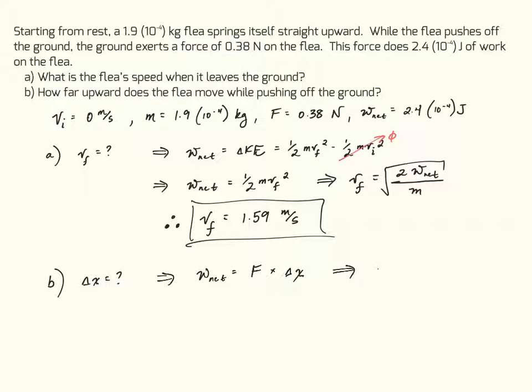Rearranging that, we're going to have delta X is equal to work net divided by force. Therefore, we're going to get a delta X value, which is, oh boy, this is itty bitty, 0.64 times 10 to the negative fourth meters.